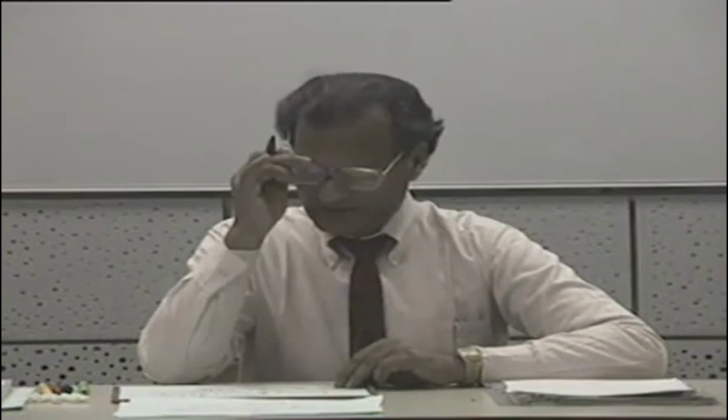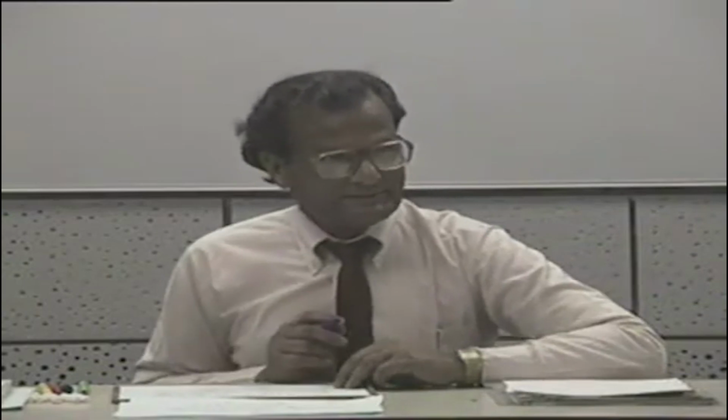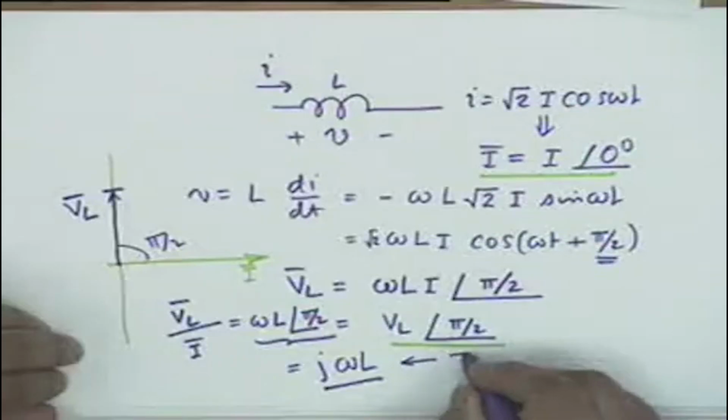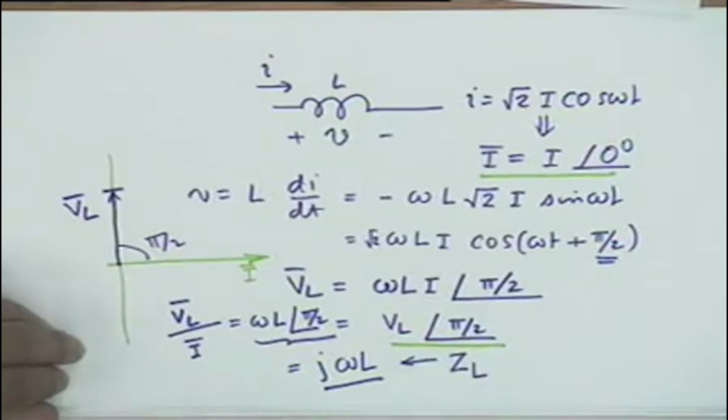And you see that this ratio of voltage phasor to current phasor, when the excitation is sinusoidal, is simply given by SL with S replaced by j omega, and therefore this can be called the impedance ZL of the inductor to a sinusoidal excitation of frequency omega.